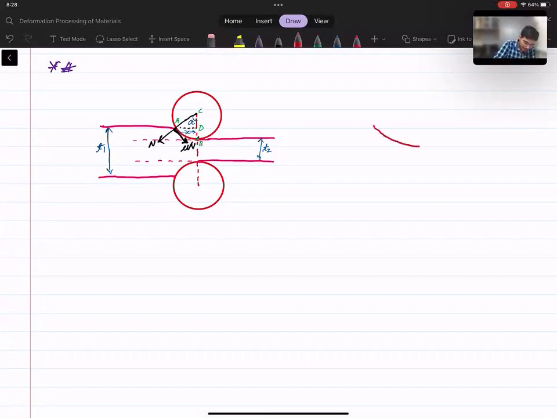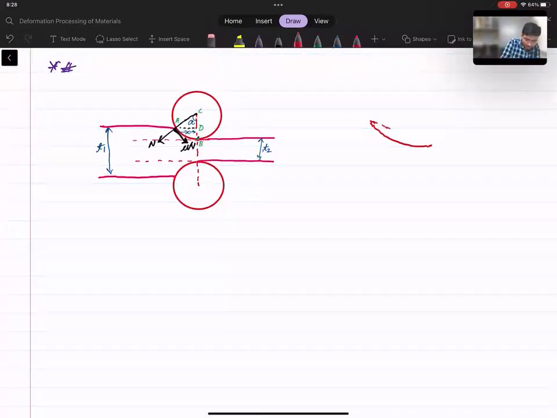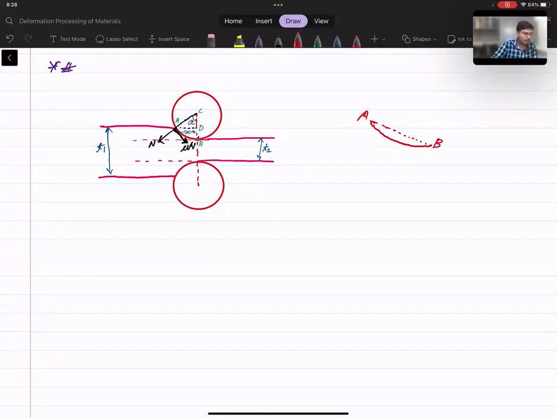So like this is the portion, this particular distance AB. AB is defined as the projected length. This is the projected length. Okay.